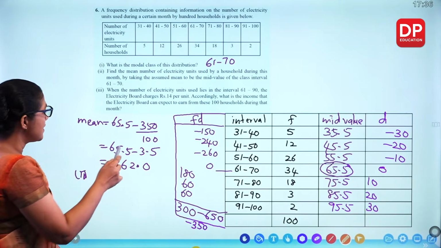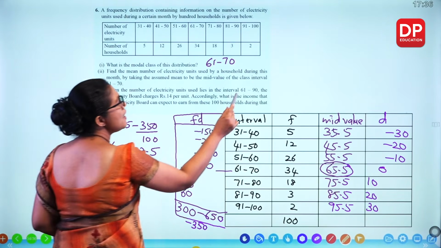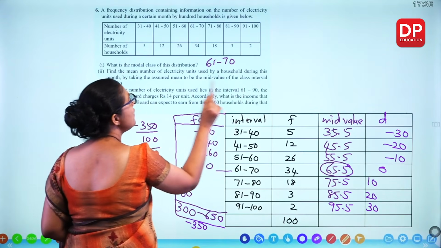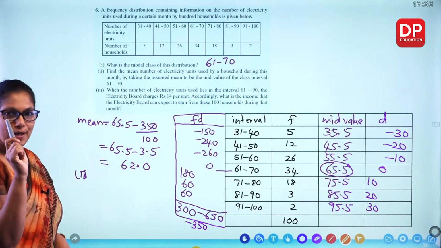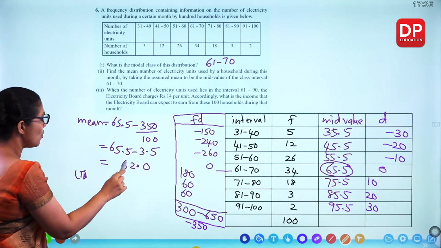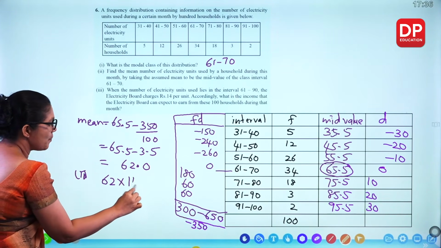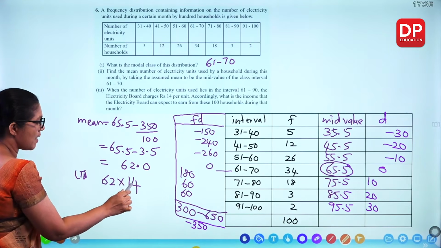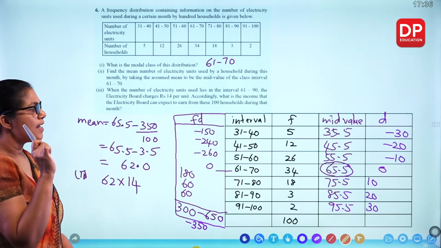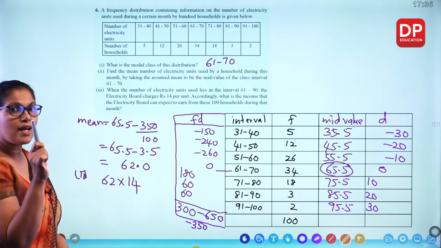So 62 is in between 61 to 90. So they charge 14 rupees per unit. So 62 units are there, and one unit is 14 rupees. So altogether this much they have to pay to the electricity board by one household.